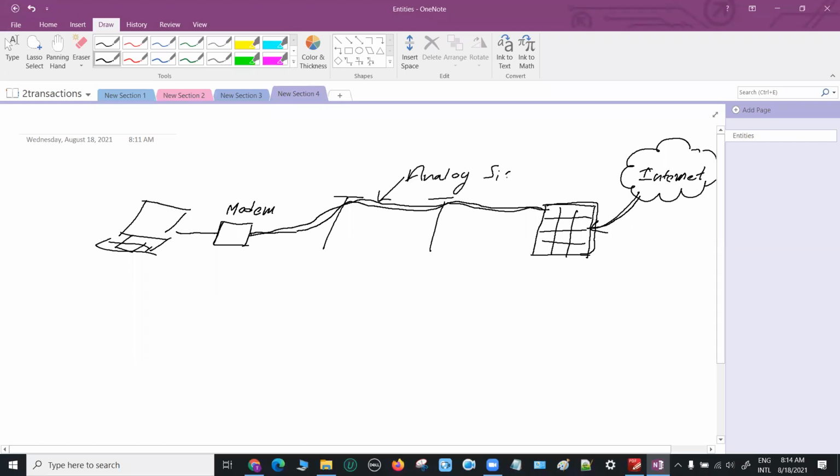We need to convert these analog signals into digital signals using this modem. From this area, we have digital signals. Now, where do we need to connect this?